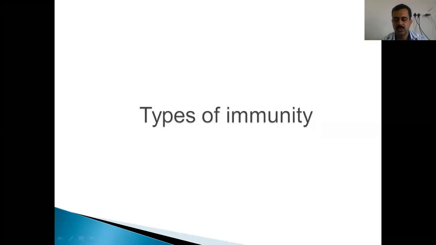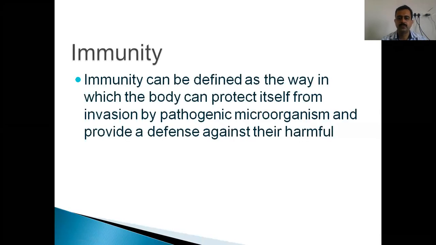Today we are going to see the different types of immunity that are present in the immunological system. So let us understand the concept of immunity. What is immunity? This topic is said to be a very basic topic, and it deals with concepts that are easy to understand in terms of immunology.